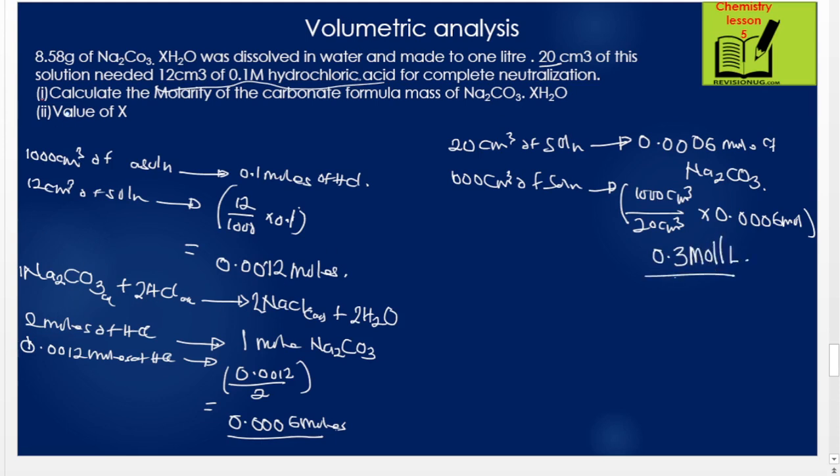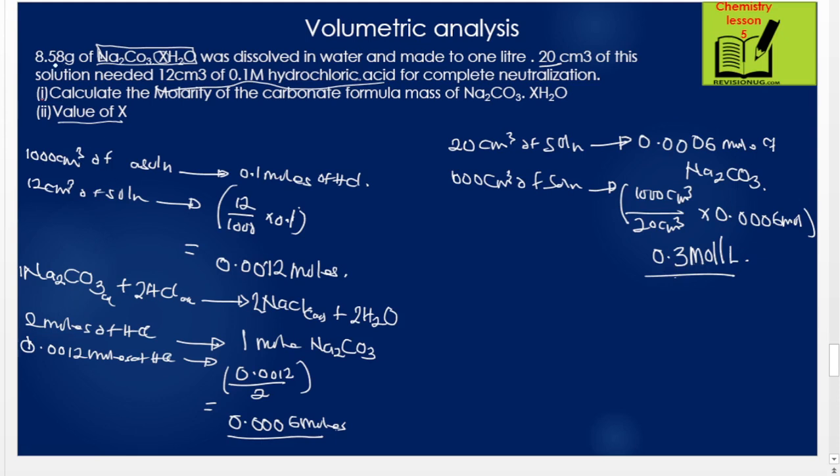Then the question says find the value of X. Now to find the value of X, what does it mean? It means we need to get the relative formula mass of all of this. Then when we get the relative formula mass, we can get that X. But before doing that, this is the concentration in moles, but this is the mass.